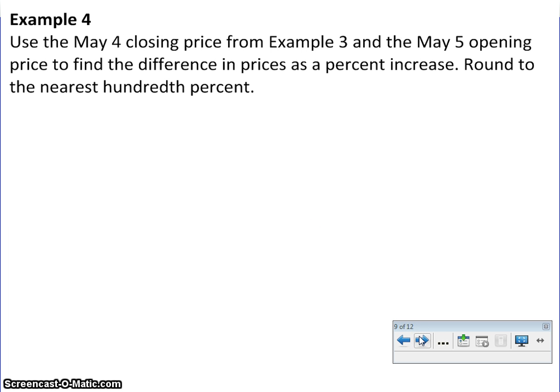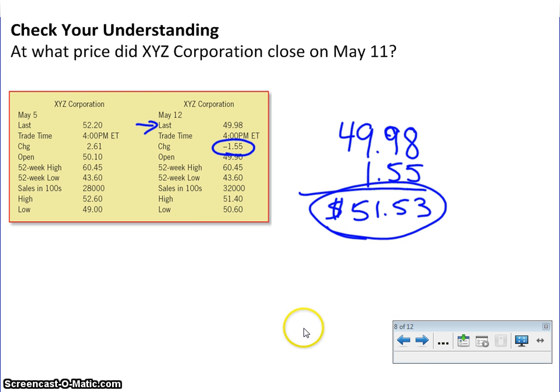Okay, use the May 4th closing price from example 3 and the May 5th opening price to find the difference in the prices as a percent increase. So when we look at it, the opening was $50.10, and we can see this right here. So opening was 50.10 and the close was 49.59.